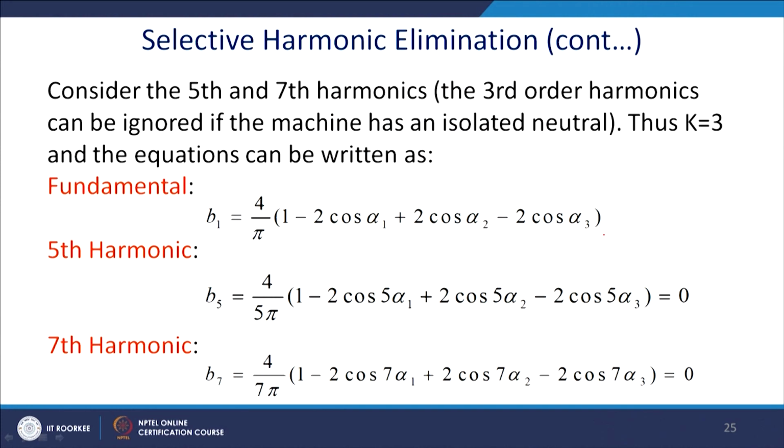That value will be given by 1 minus 2 cos alpha 1 plus 2 cos alpha 2 minus 2 cos alpha 3, and the other two sums will be 0. We require to solve the simultaneous equations and find the values of alpha 1, alpha 2 and alpha 3, and thus we can maximize the fundamental and eliminate the 5th and 7th harmonics.